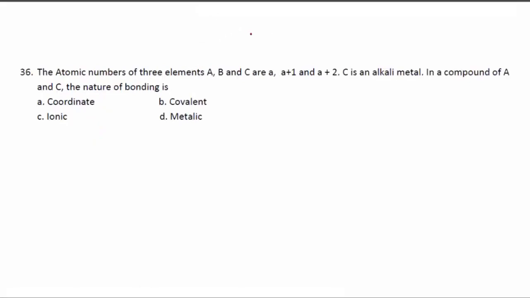Atomic number of 3 elements are given. This is question number 36. Atomic number of 3 elements A, B, C. Element A is A. Element B is A +1. Element C is A +2.